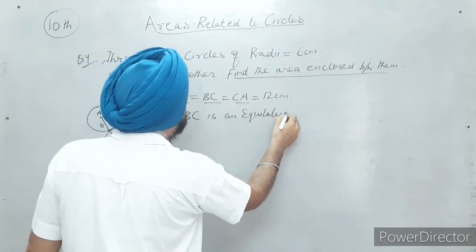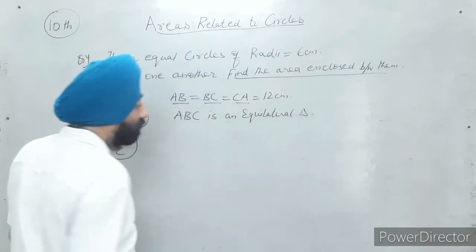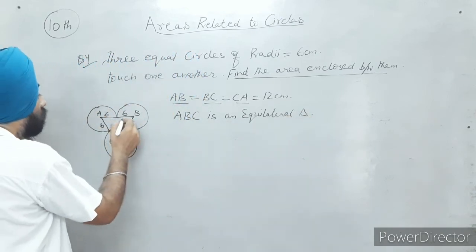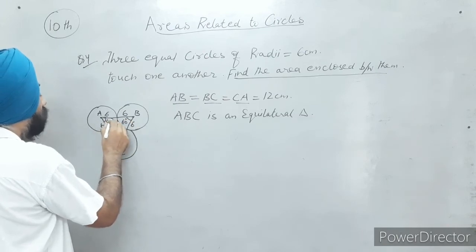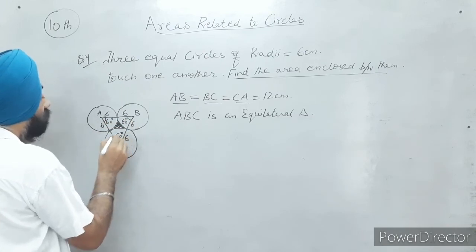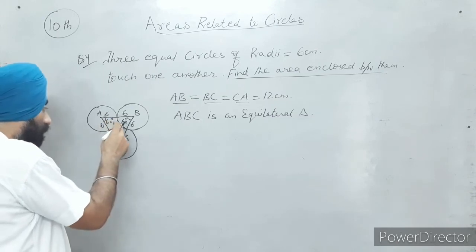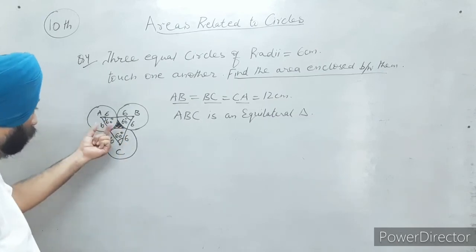Equilateral triangle. Right? If ABC is equilateral triangle, then each angle will be 60 degrees each. This is 60 degrees. Right? Now how to calculate area of the shaded region? This enclosed area.